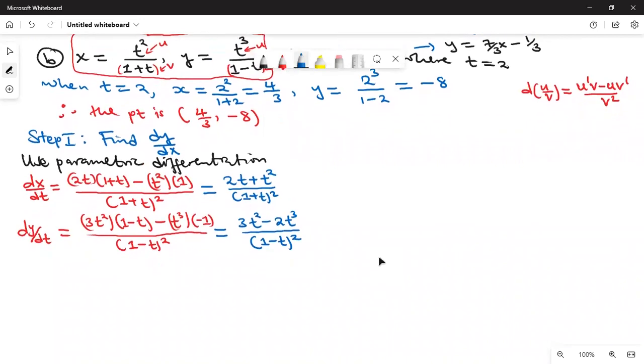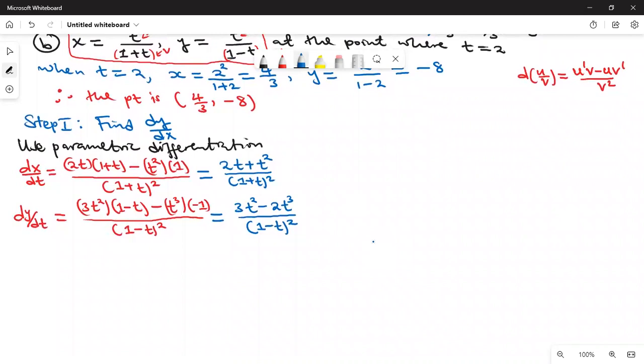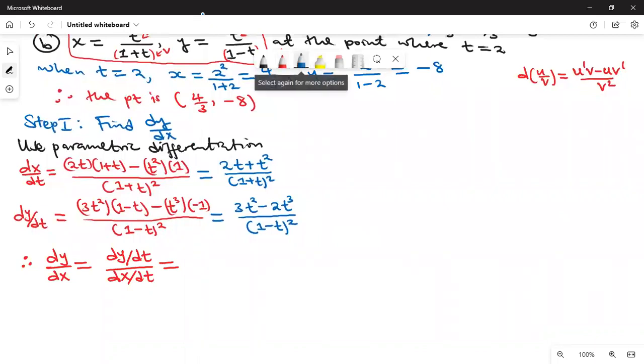So, how do we now find dy/dx? Therefore, dy/dx is the same as dy/dt divided by dx/dt. Let us divide those two. Remember, when you're dividing, it's like multiplying by the reciprocal of the denominator.